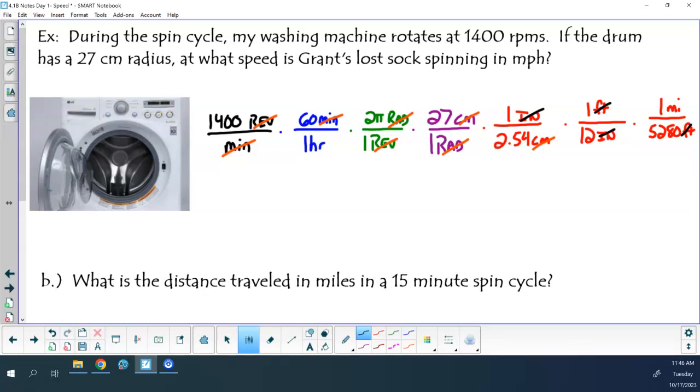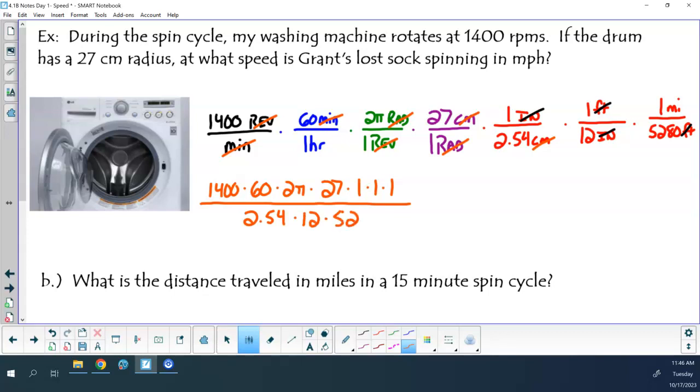Multiplying all straight across the top, I got 1,400 times 60 times 2 pi times 27 times all those ones, divided by 2.54 times 12 times 5,280.